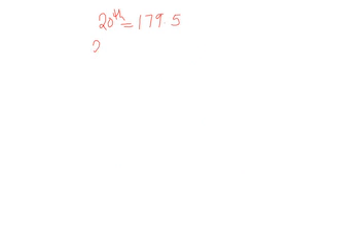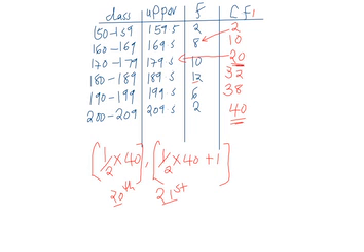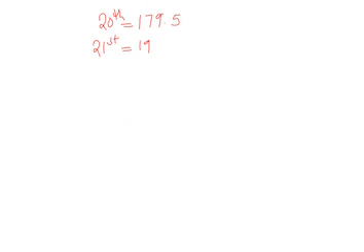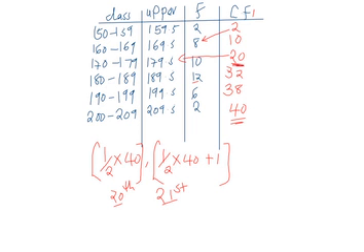Now the 21st person is higher than the 20th person, so it is 179.5 plus another person, that is 1.